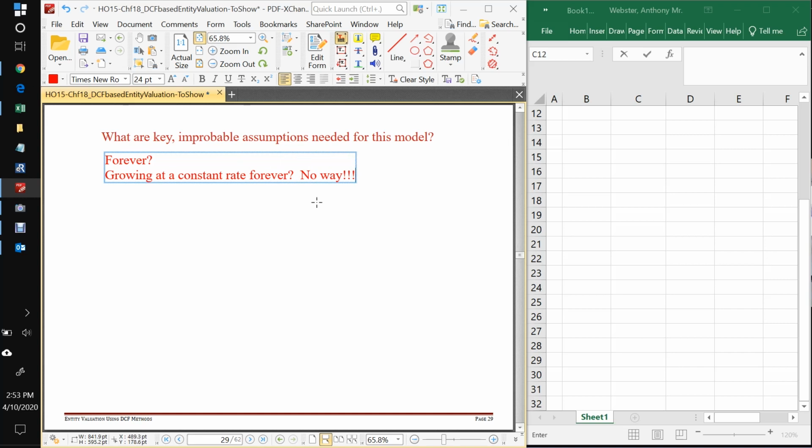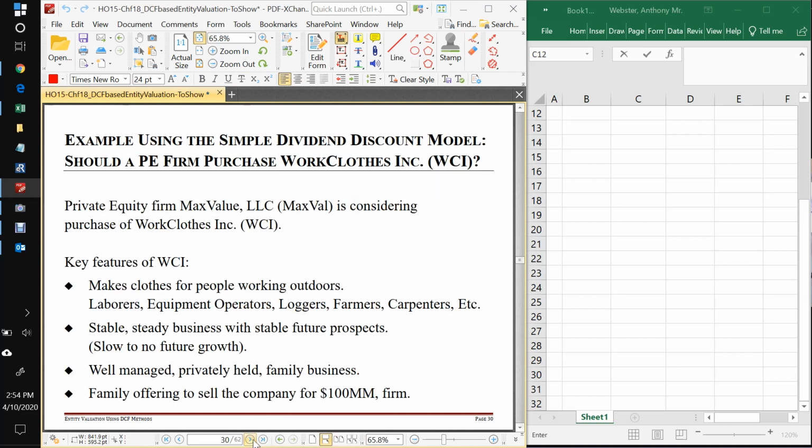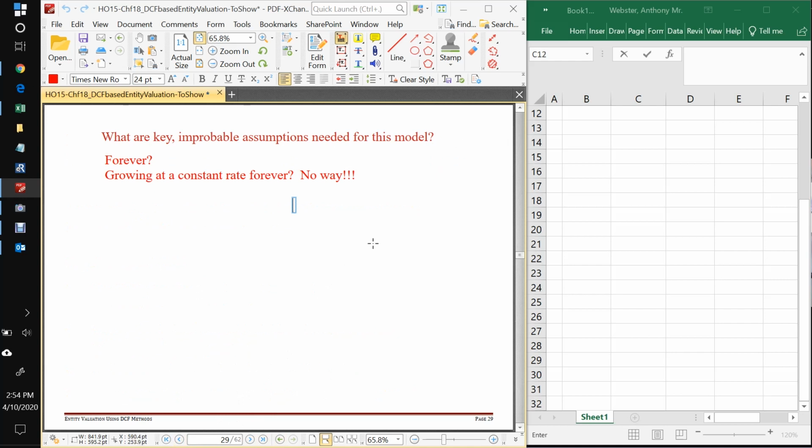It's just not going to happen that any firm is going to be able to grow its dividends at a constant rate forever. At a certain point, it would be bigger than the GDP of the US, and so on. So this is highly improbable, and for that reason we're not going to focus on it.